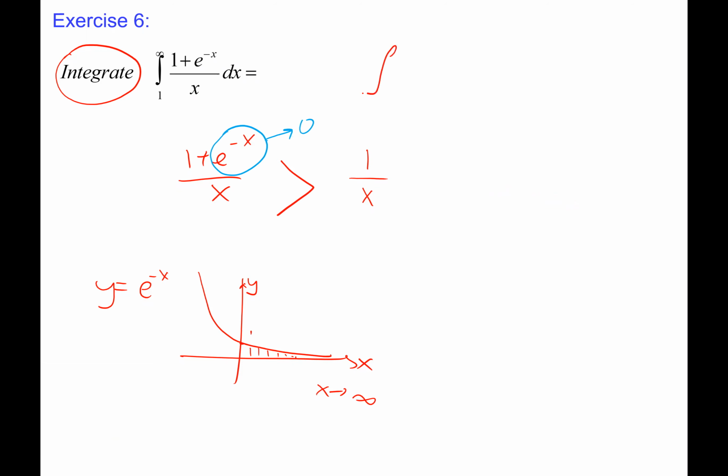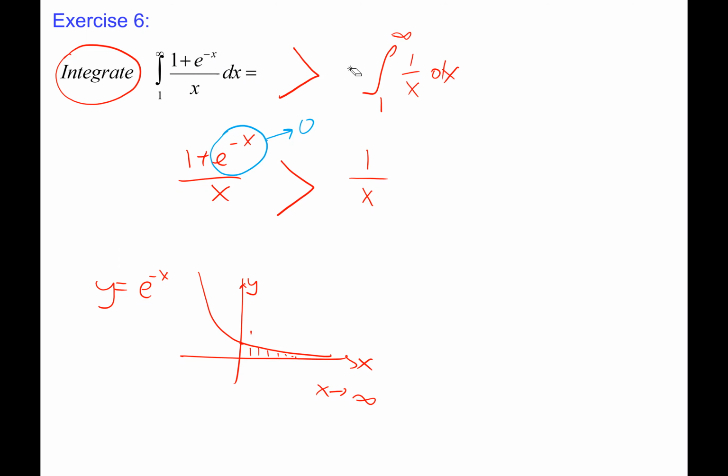I can say that the integral from 1 to infinity of the function 1 over x dx is comparable to this function. But this will always be slightly bigger, because this part is getting to 0, but we still have tiny numbers.